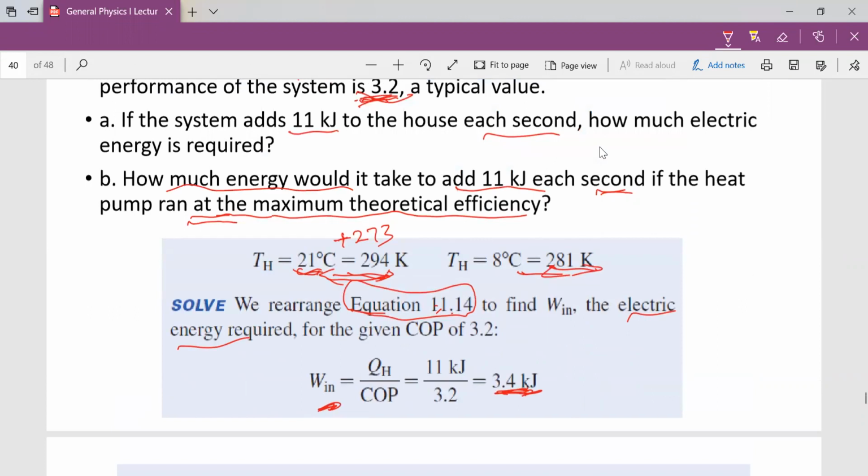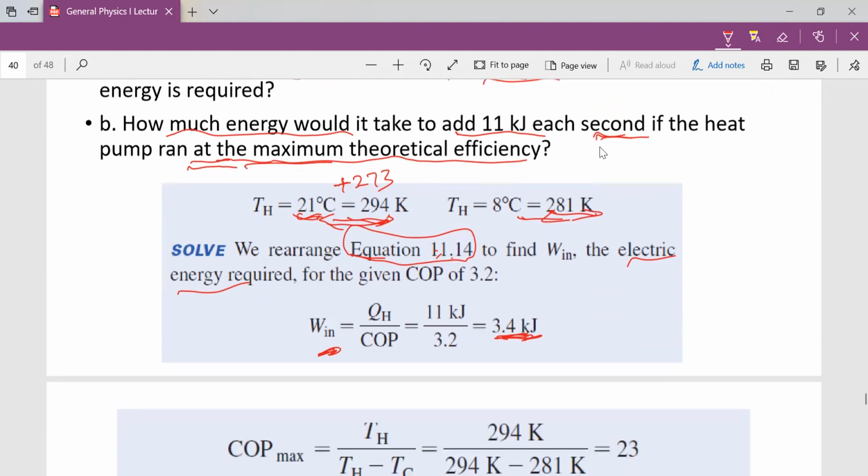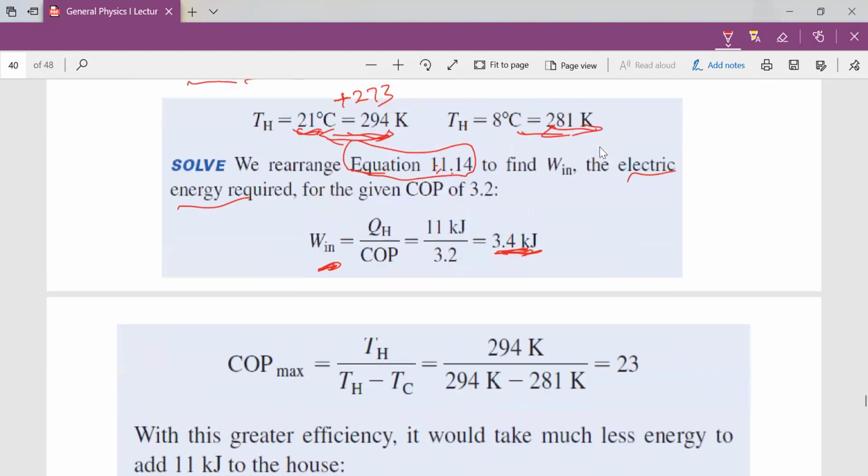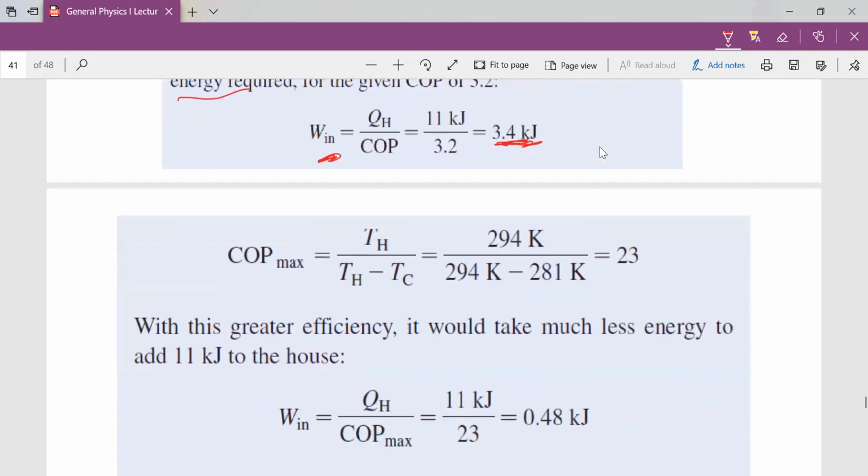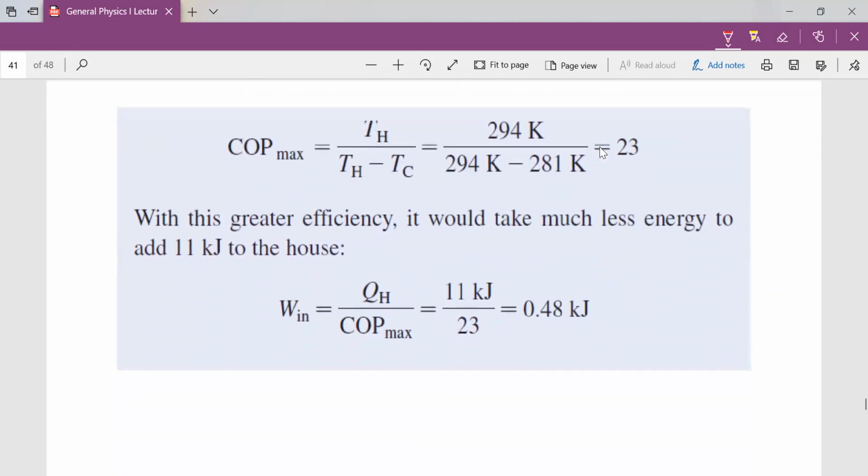Okay, now the second question says how much energy. We have defined the quantity of energy in the first case, and then the second one is saying how much energy if we make this machine run at its maximum. So first we'll determine the maximum COP, that is coefficient of performance. To determine that, we apply the maximum coefficient of performance expression for the heating system.